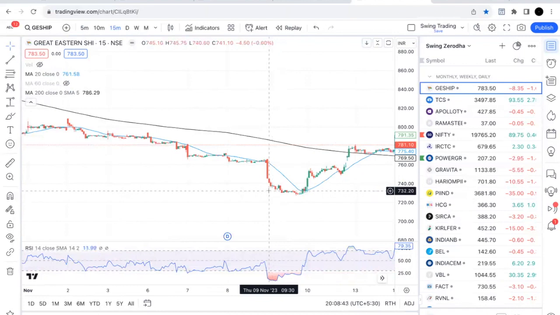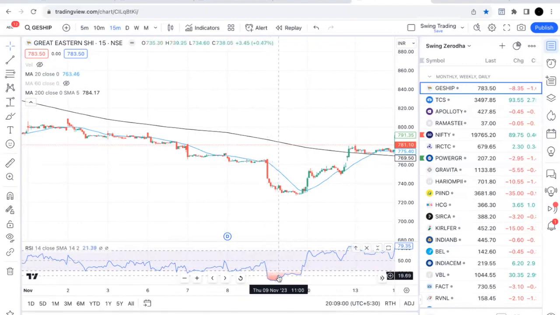When it was trading at the level of 755, the RSI was already below 30. Now it went even lower and came down to 730, which is a big difference.